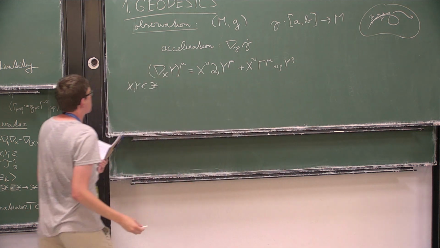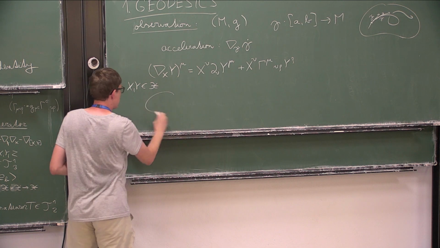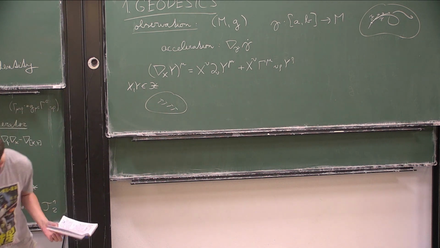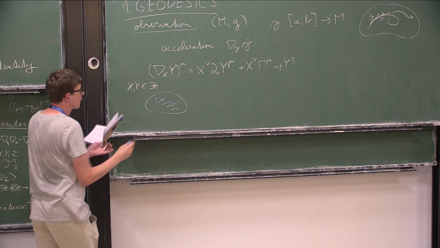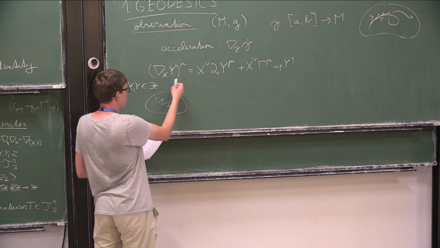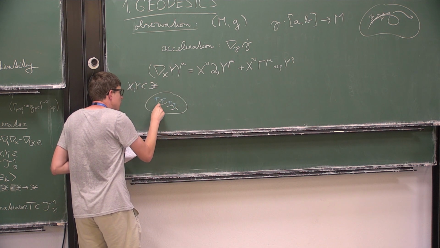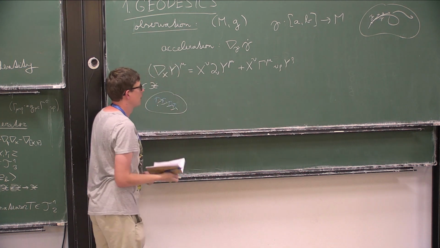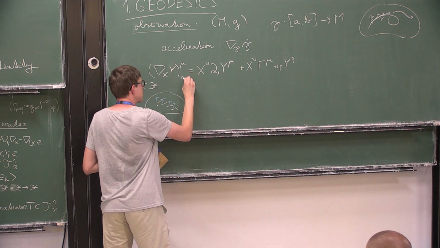Now what is this? I have my space, and I have two vector fields defined everywhere. If I'm interested in calculating the covariant derivative and looking at this result at a particular point in M, what are the ingredients on the right-hand side that I need to calculate that? First of all, let's say at point M, let me put a subscript.